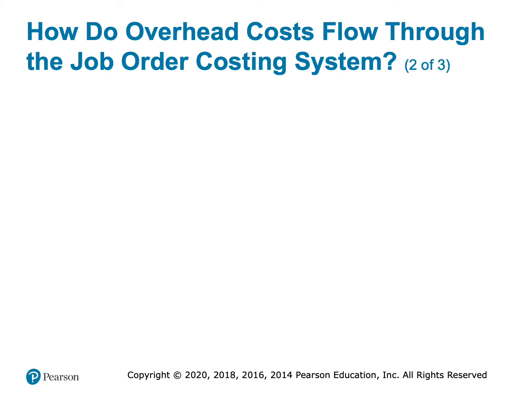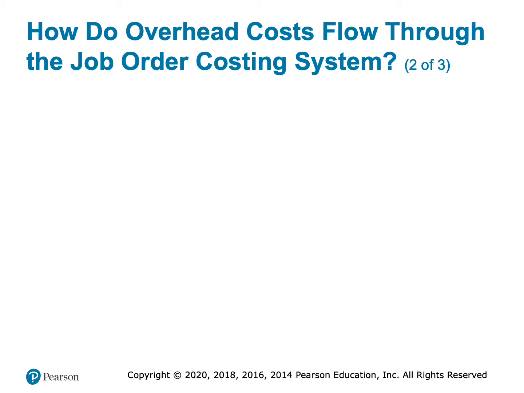So let's look at this. The first one that we saw was depreciation. Now we learned back in financial accounting that when we record depreciation, we debit depreciation expense and we credit accumulated depreciation. Remember, accumulated depreciation is a contra asset. It's going to show up on our balance sheet as a reduction. So we'll show the plant and the factory equipment at its historical cost, and then we subtract the accumulated depreciation right underneath it to give us net book value.